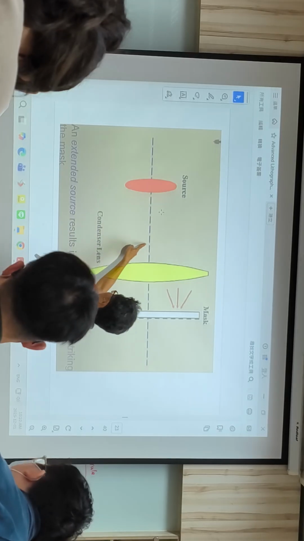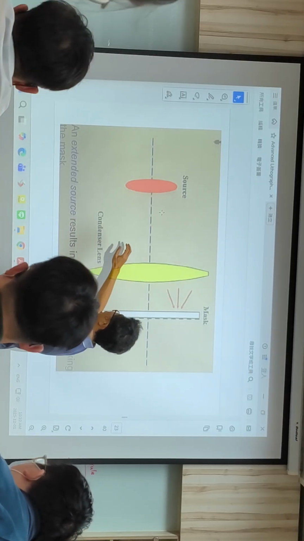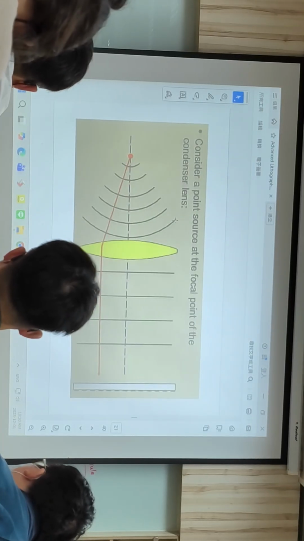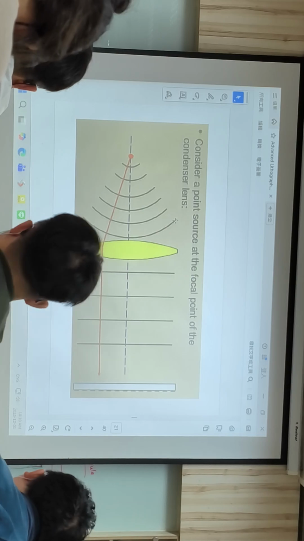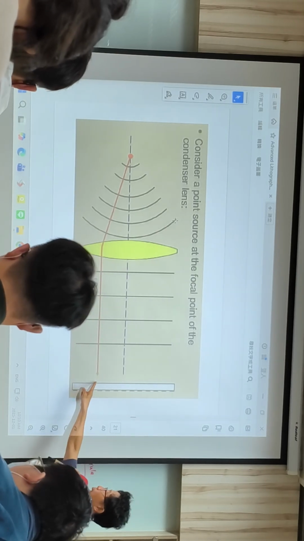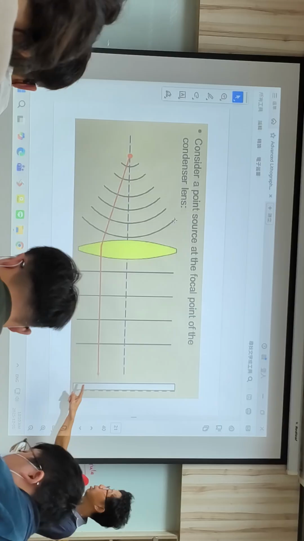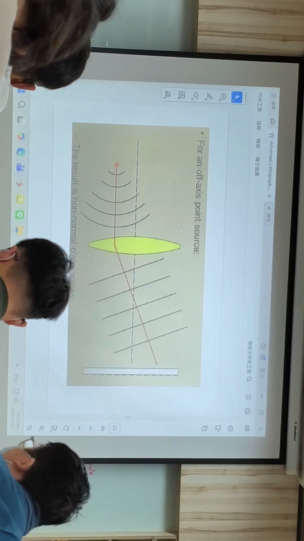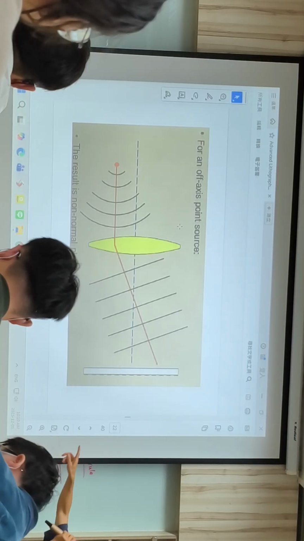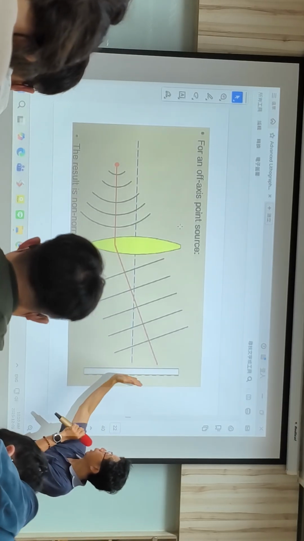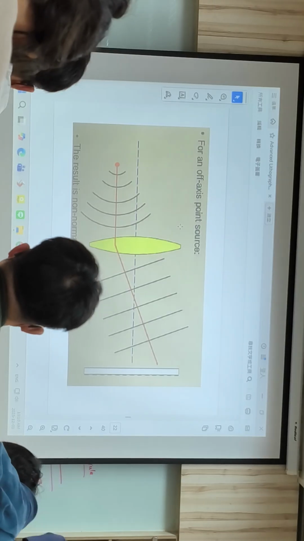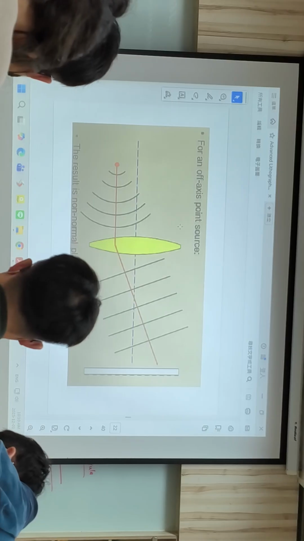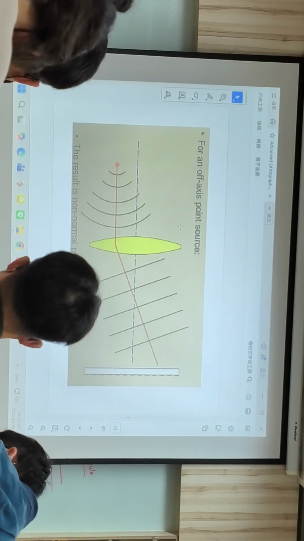So from here, as I see, it becomes a parallel plane, like a zero order, as I mentioned. And the other, as I mentioned, coming at an angle, will become the positive one or negative one order. Okay, so that's the combination of these two.